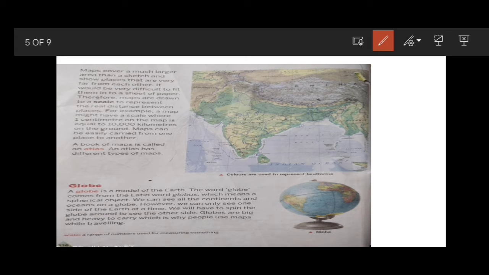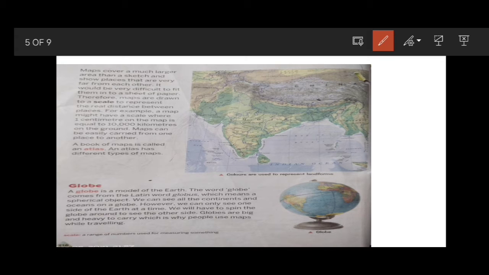Next, maps cover a much larger area than a sketch and show places that are very far from each other. On a sketch, we can find out only the direction of a particular place. But maps cover a large area, which means we can see various parts of the earth or the entire earth on a map.